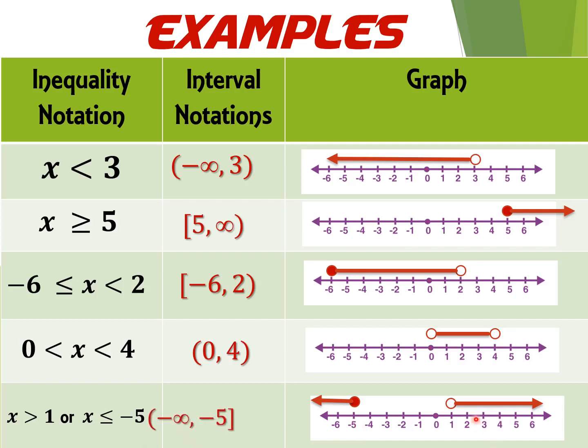Okay, and then for this one you will have an open parenthesis for 1 and an arrowhead pointing to the right is positive infinity, and then we will just use the symbol union. So you will write this as the union of these two solution sets, or the combined answers here and there. So that is how you write it.